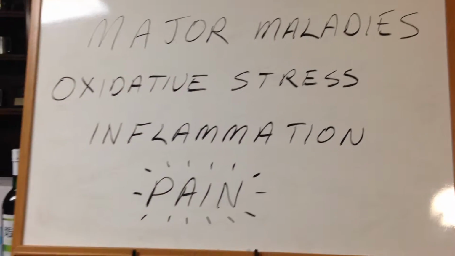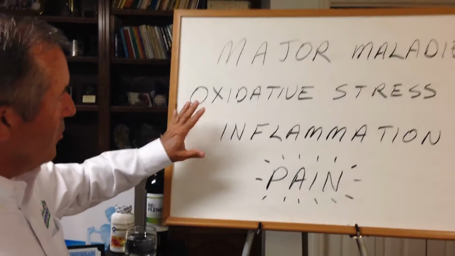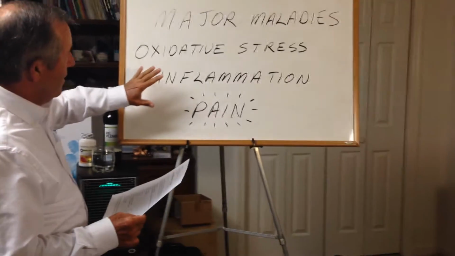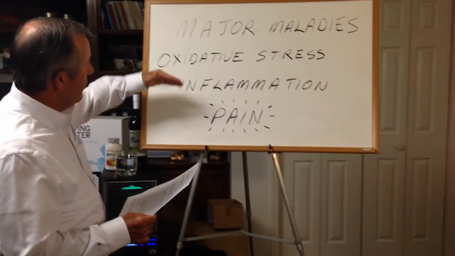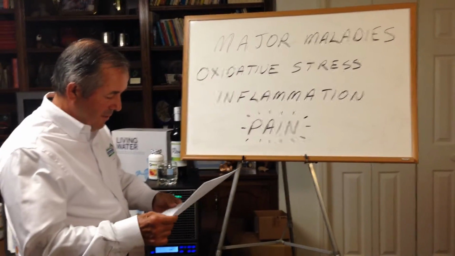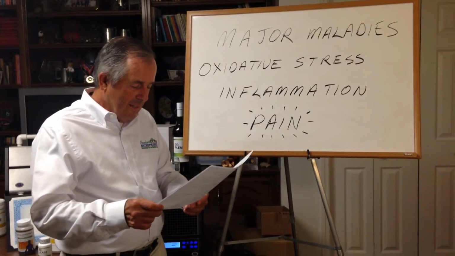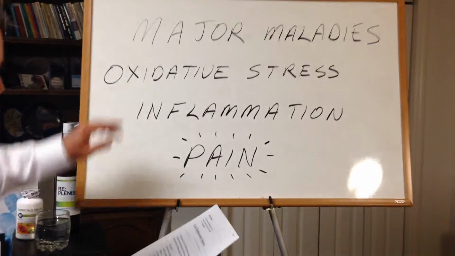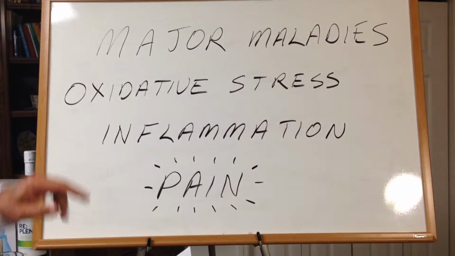So as I'm reading this, I'm thinking, they're talking about how this oxidative stress affects our body through inflammation, as a direct cause of some of these major maladies. It continues saying that inflammation is the end result of long-term oxidative stress.